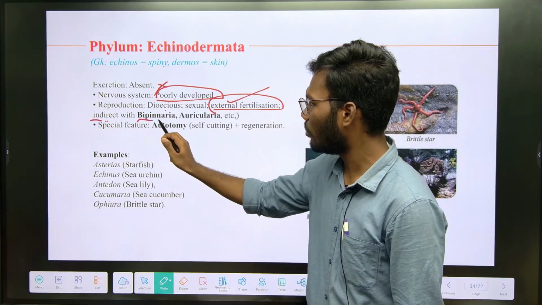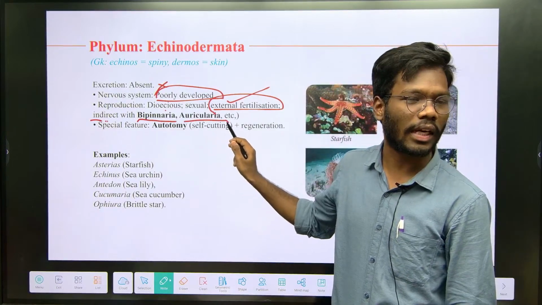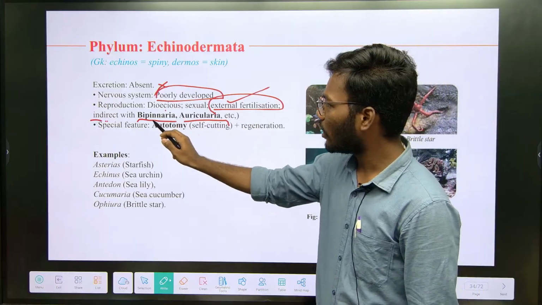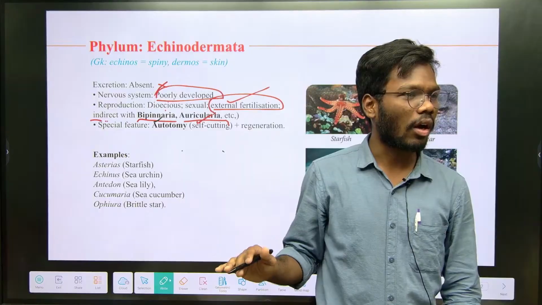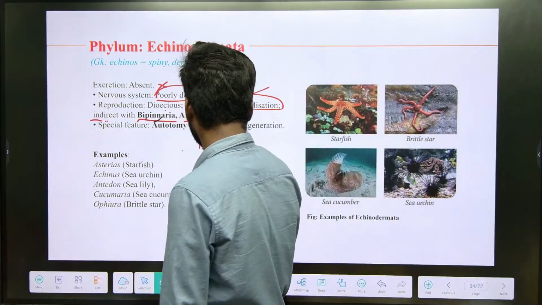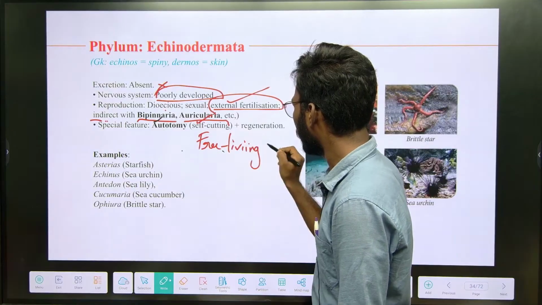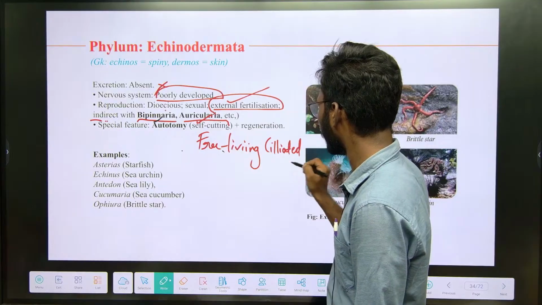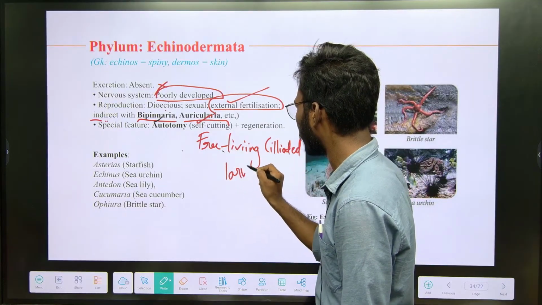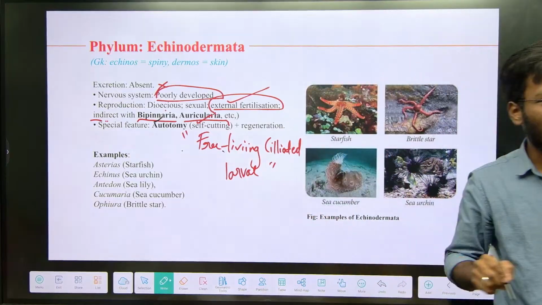The larval names are bipinnaria and auricularia. There are many larvae present in Echinodermata. In NCERT they give bipinnaria and auricularia. Generally these larvae are called free living ciliated larvae.